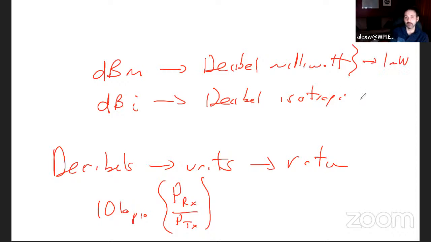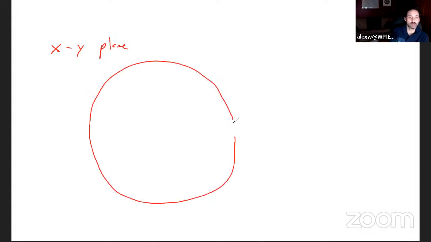Decibel isotropic is interesting because, I mentioned the point charge, right? And point source and how it's all over the place. What happens if we just look at the XY plane and the energy? So let's say this is my transmitter and it's sending out energy in all directions, but not in the vertical.